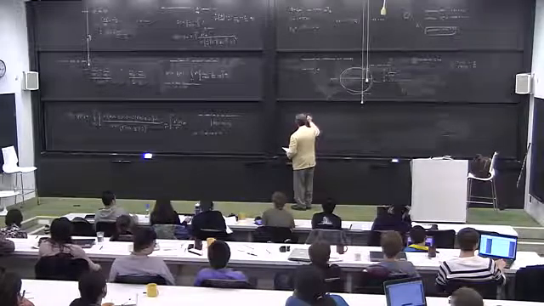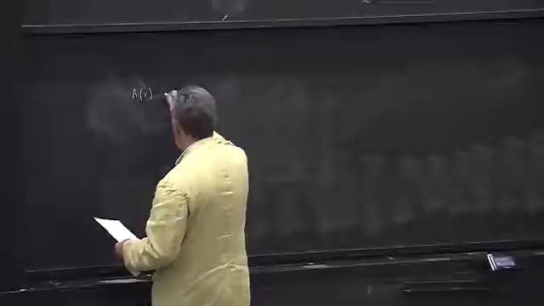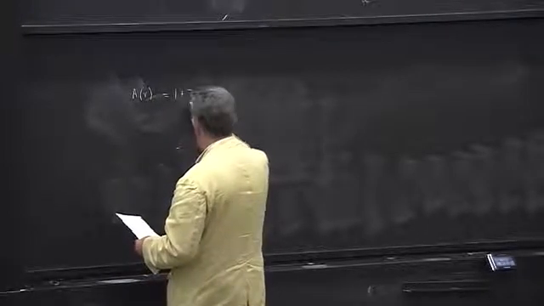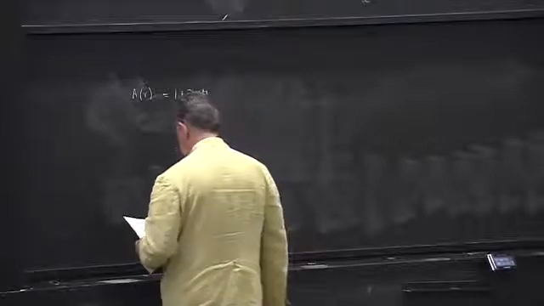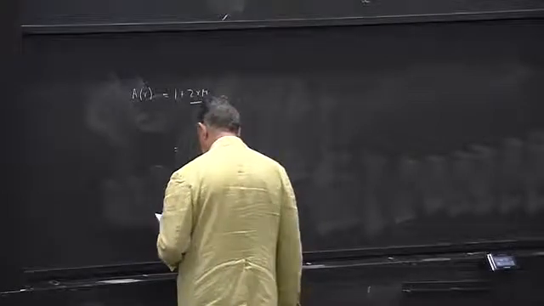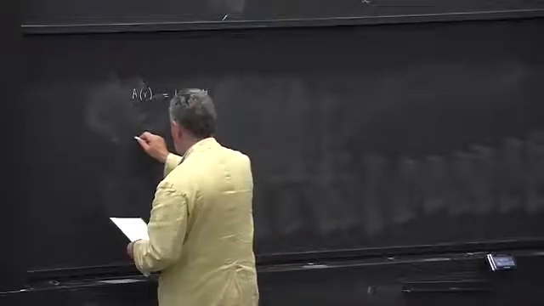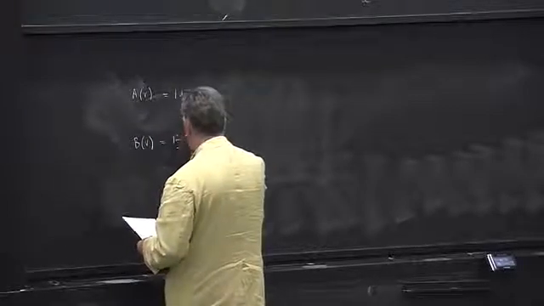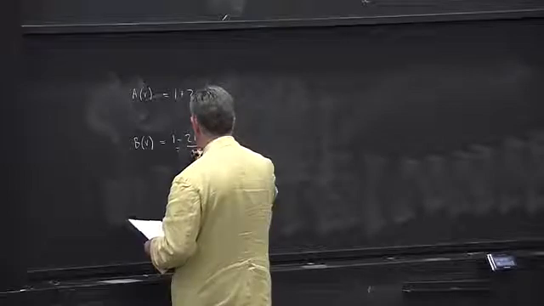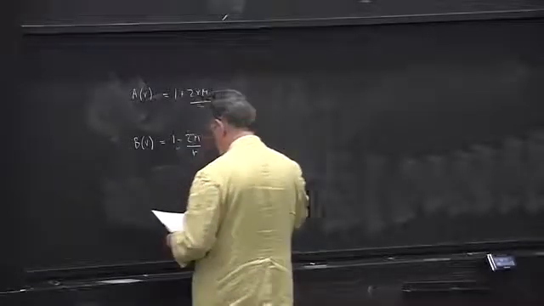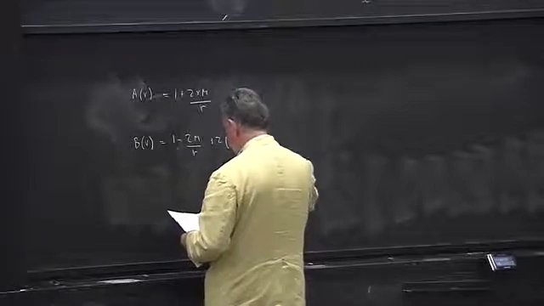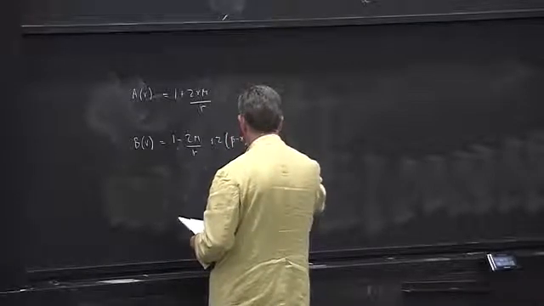A of R was 1 plus 2 gamma m over R. B of R was 1 minus 2m over R plus twice beta minus gamma m squared over R squared.